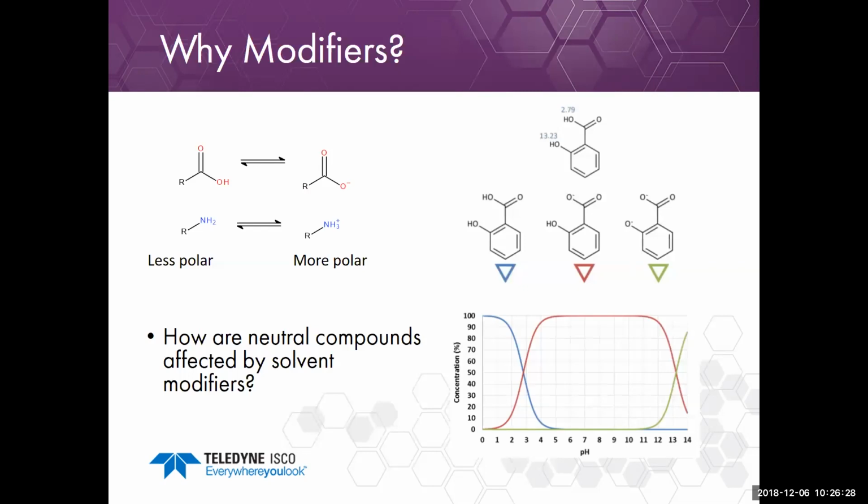Neutral compounds, they don't ionize. However, the solvent modifier makes the mobile phase more polar. It makes it act like a weaker solvent. That means then that neutral compounds will actually elute a little bit later when solvent modifiers are employed than when they are not used.